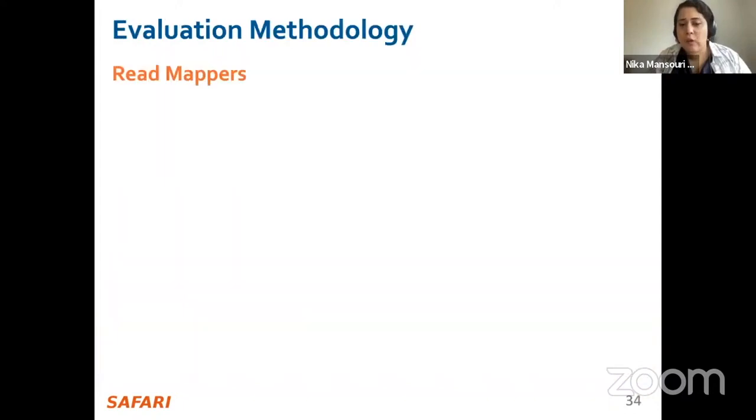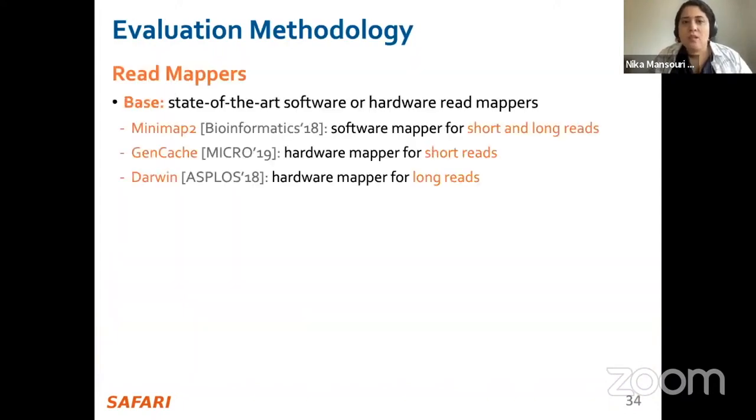So we evaluate the following systems. BASE, which is the state-of-the-art software or hardware read mappers for both short and long reads, which actually shows that if you have a software read mapper or hardware read mapper, we can integrate GenStore with it. So that's why we choose our baseline from various state-of-the-art mappers in software and hardware and for short or long reads.